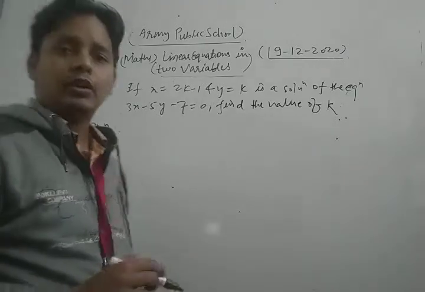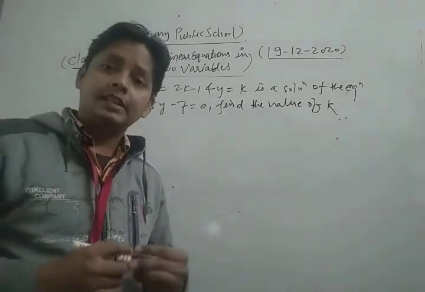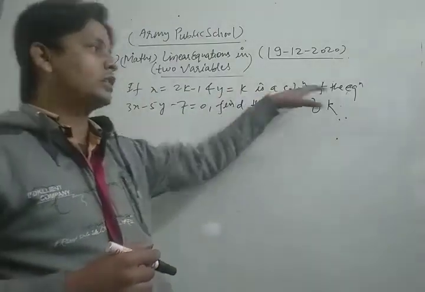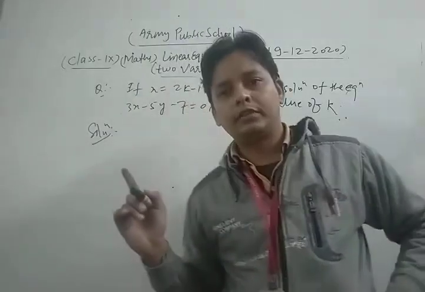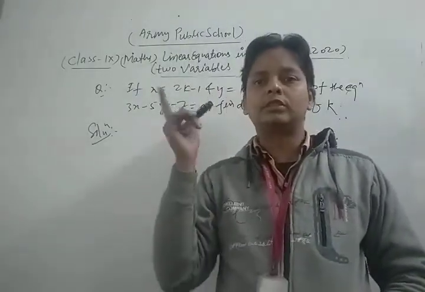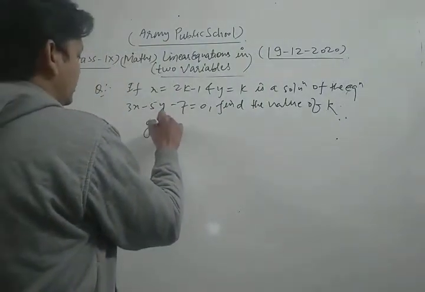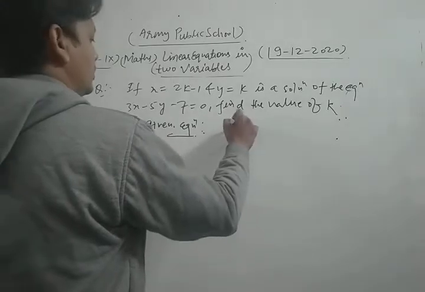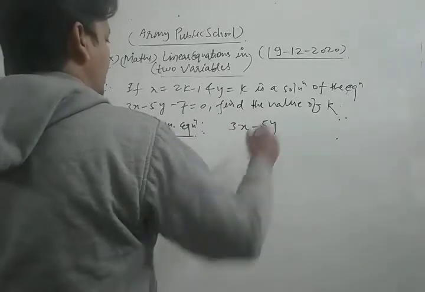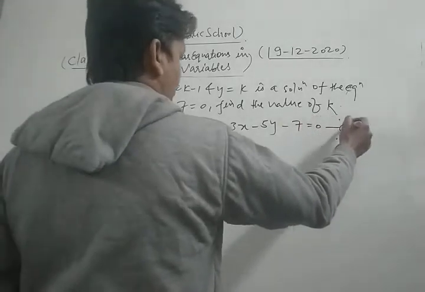Here, the pair of values of x and y are given, and an equation is given, and it says that the pair of values is the solution of the given equation. If these values are the solution of the given equation, it means that the values satisfy the given equation. Now let's see. First of all, we write the given equation as 3x minus 5y minus 7 is equal to 0, equation number 1.